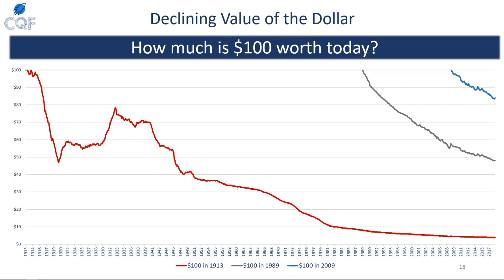So that decline happened a long, long time ago. But what if I gave you $100 30 years ago in 1989? That $100 would only be able to buy about $50 worth of stuff today in 30 years. And what if you're a young buck and you're just in college or something like that, and you got $100 in 2009? That $100 in 2009 could only buy about $84 worth of stuff today.